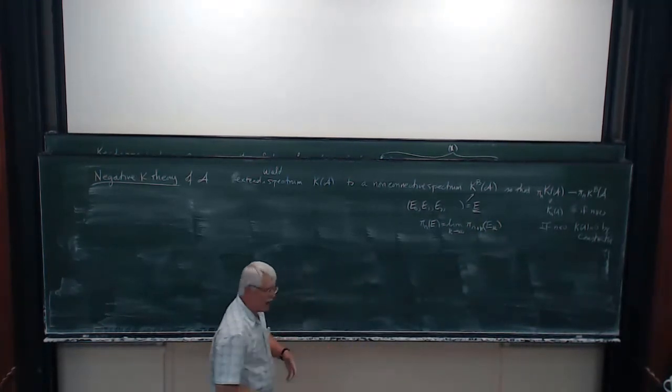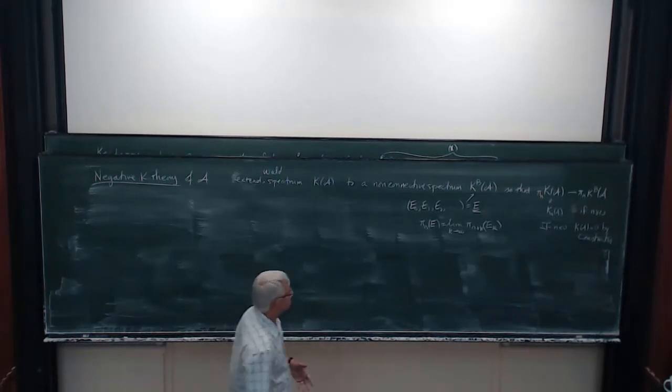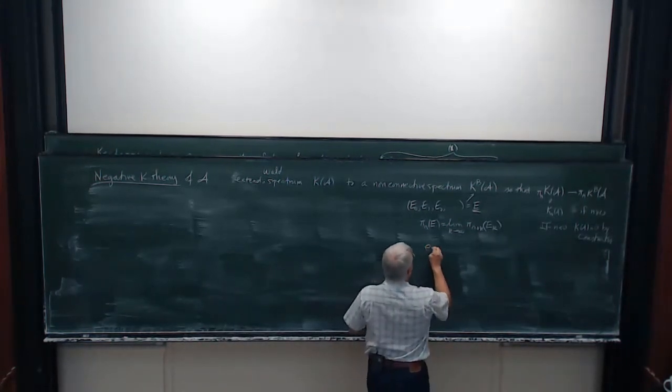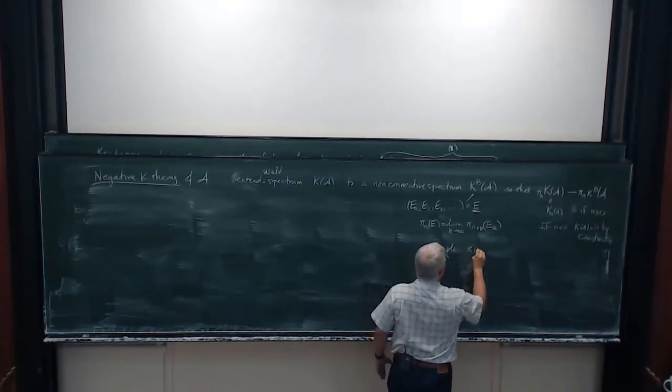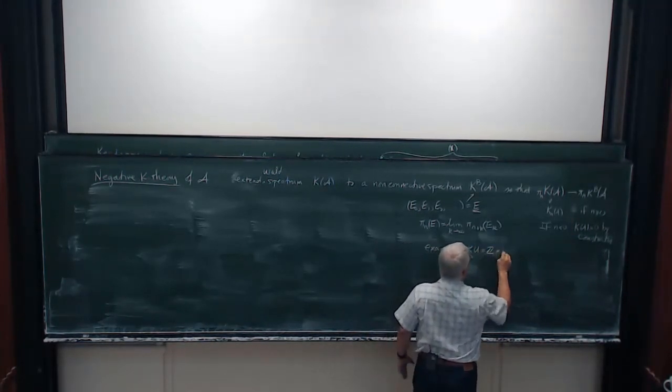So you might have a topological space. Here's an example. I want to remind you that KU means Z cross BU.